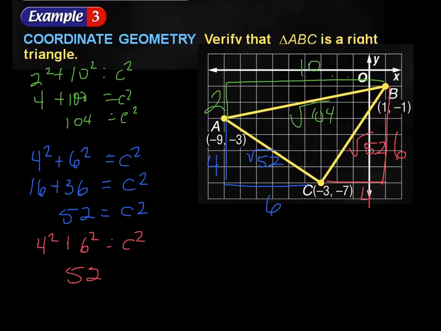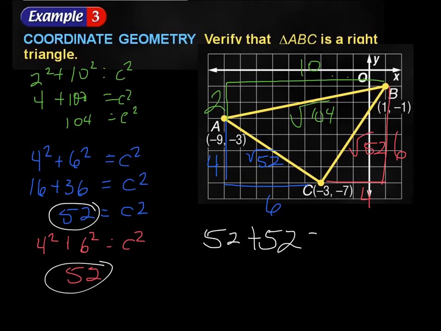So when I check the Pythagorean theorem, does a squared plus b squared equal c squared? Why, yes, it does. So it is a right triangle.